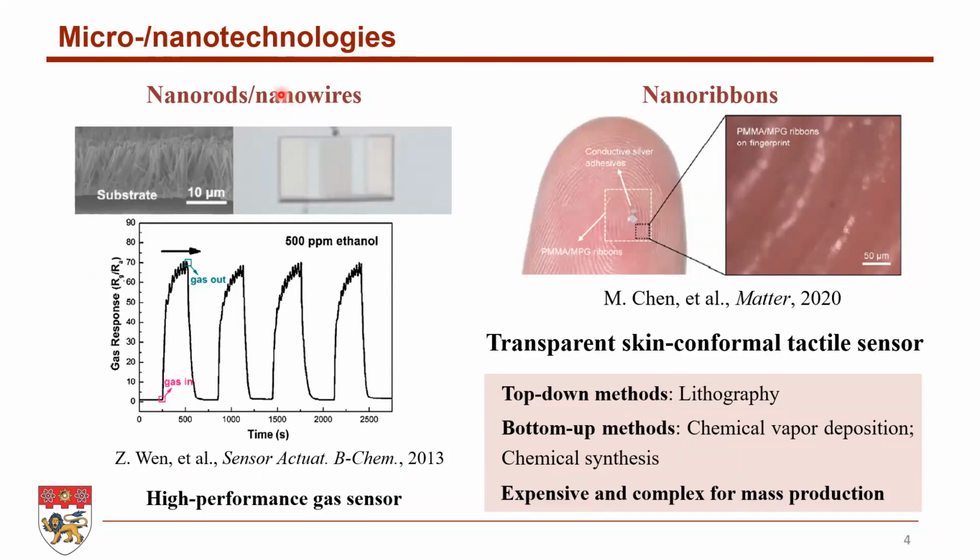Actually, in micro and nano devices, there are also many large aspect ratio components, like these nano rods and nano wires in this high performance gas sensor, and these nano ribbons in this skin conformal tactile sensor. However, existing methods suffer from different problems in mass production, like high cost and complex operation.